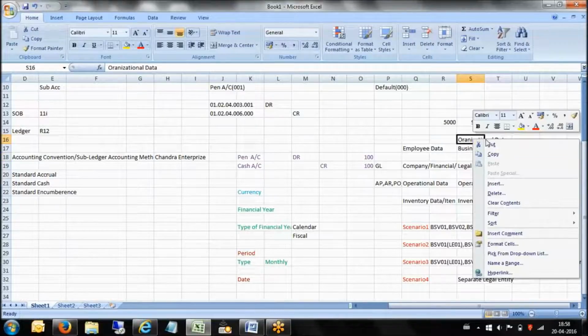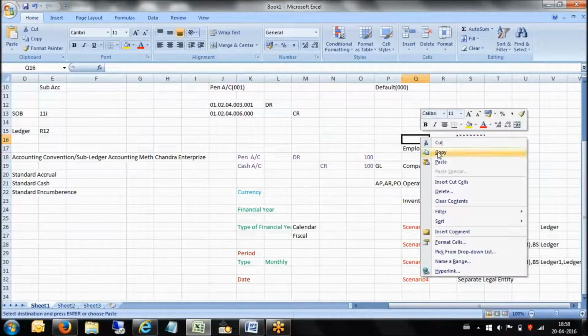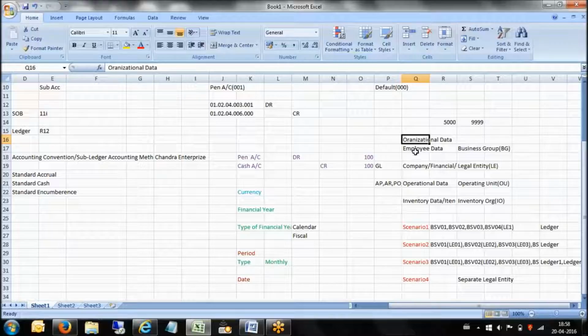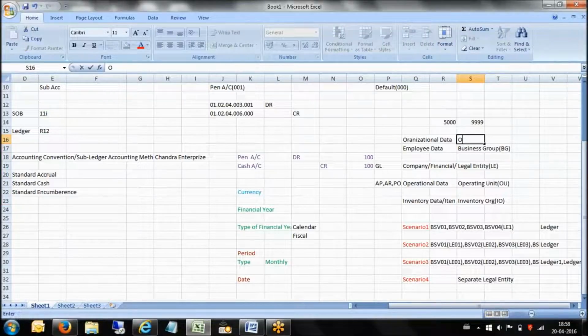And to secure your organizational data, these are the types of organizational data: employee data, company data, operational data, inventory data. And to do all this, we have something called organization structure, hierarchy structure, which is used to secure organizational data.